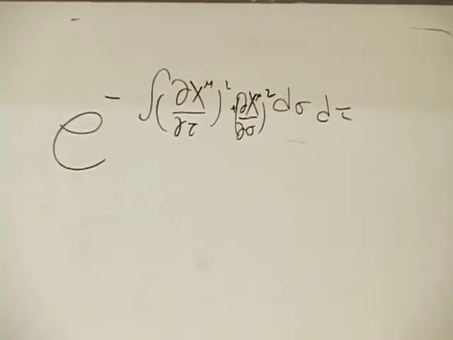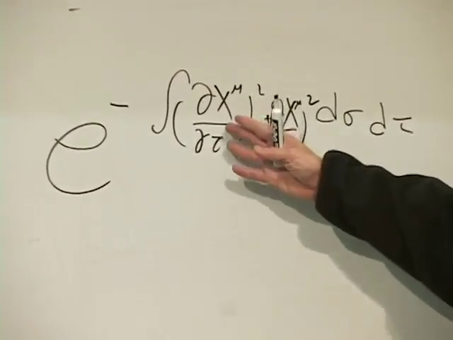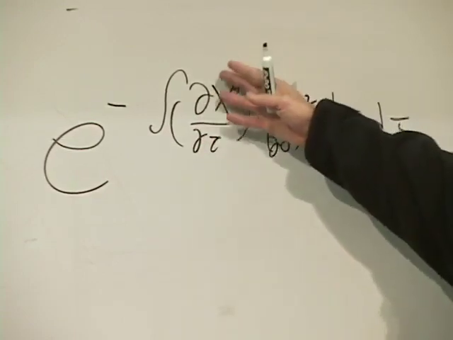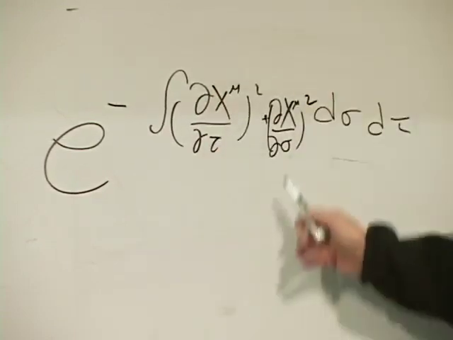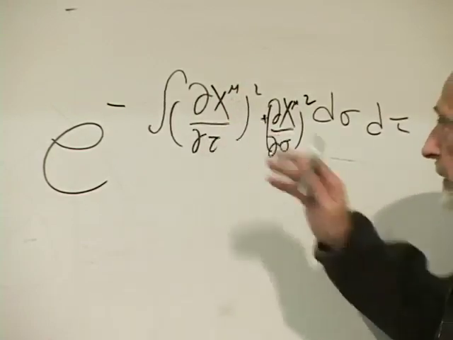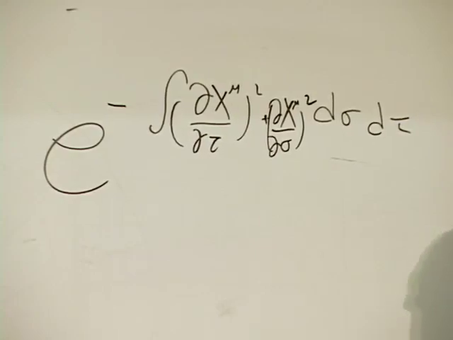What exactly does this mean? The derivative of x mu with respect to tau, squared, means the sum of 26 terms. The derivative of x1 with respect to tau squared, the derivative of x2 with respect to tau squared, the x3, up to the last one. That's what these things mean. This is the exponential of the action. And what do we do with it?